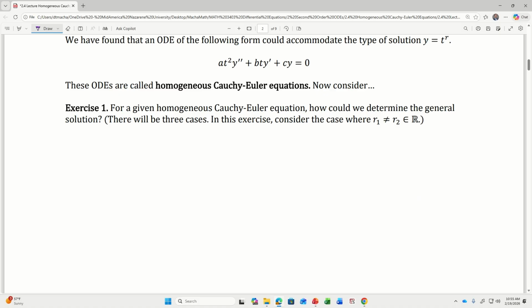So, exercise 1. For a given homogeneous Cauchy-Euler equation, how would we determine the general solution? There's going to be 3 cases. In this case, we're going to consider distinct real values of r.